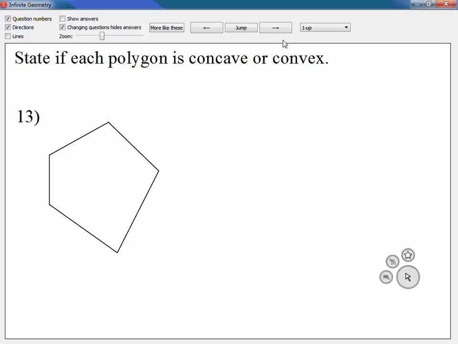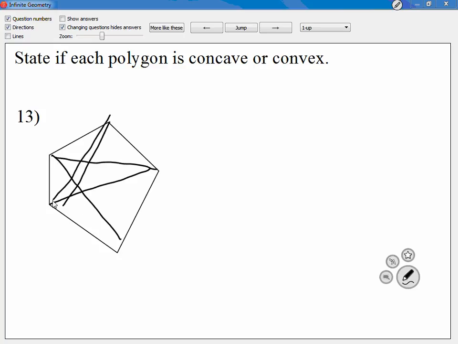It states to say if each polygon is concave or convex. First, I'm trying to prove it concave. In order for this to be concave, one diagonal goes outside of the picture. So I look for my diagonals. There's one diagonal, there's another one there, and there's a 5th one there.